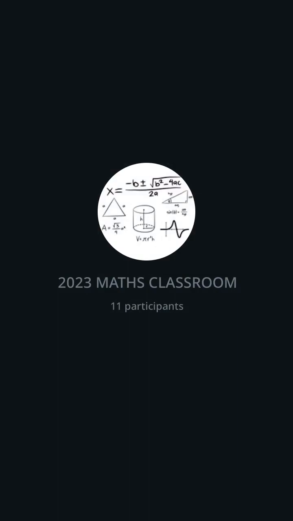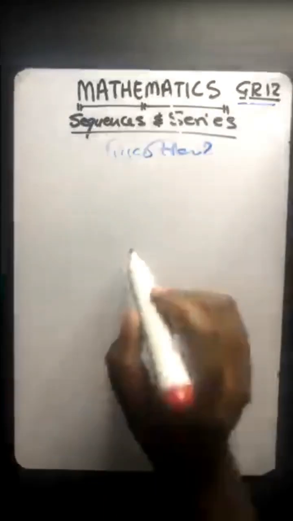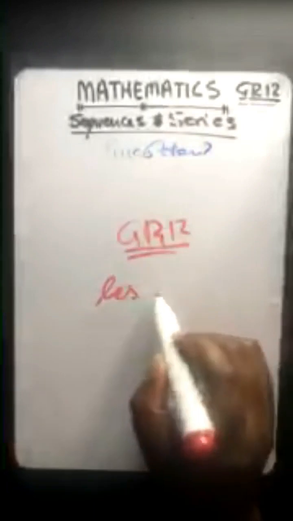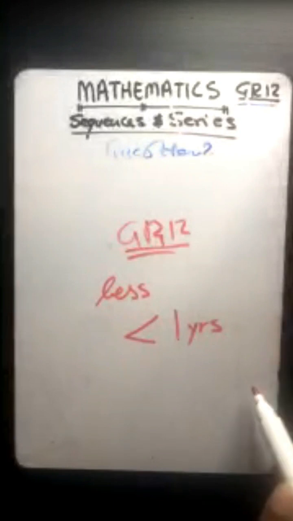Every little time that you have, you need to invest it in education, because all the grade 12 learners have less than a year's worth of time to prepare for the rest of their life.